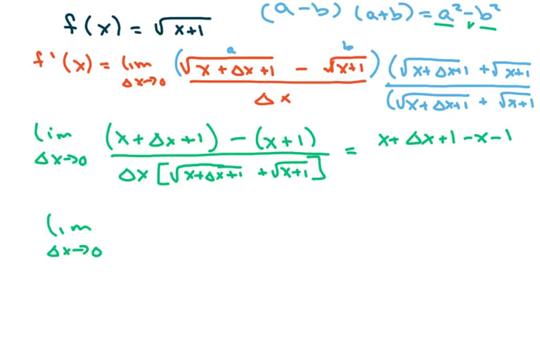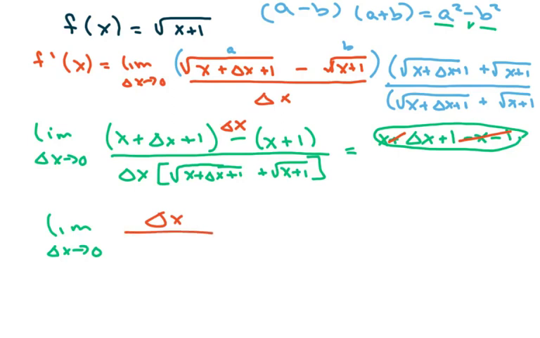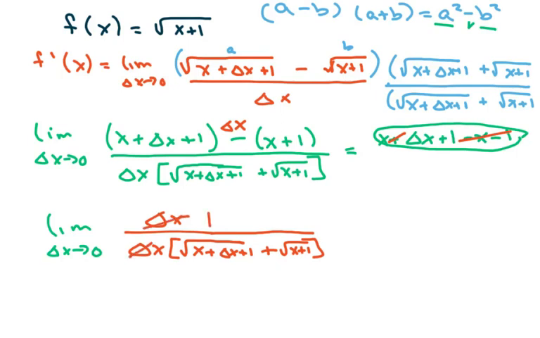So when you do this, this is just going to all cancel out, and you're left with delta x. So you're going to have delta x over delta x times the square root of x plus delta x plus 1 plus square root of x plus 1. This cancels and gives you 1.